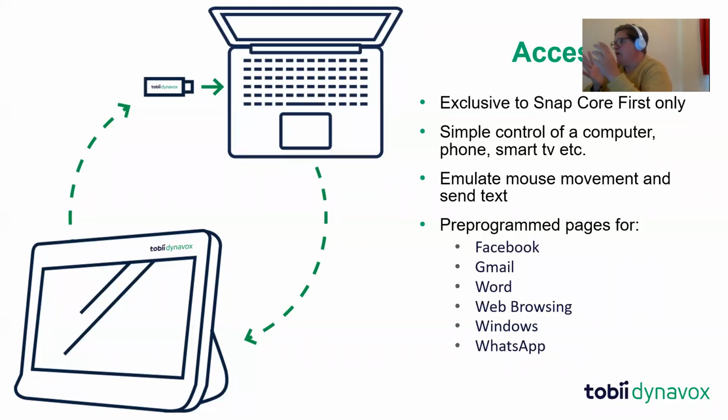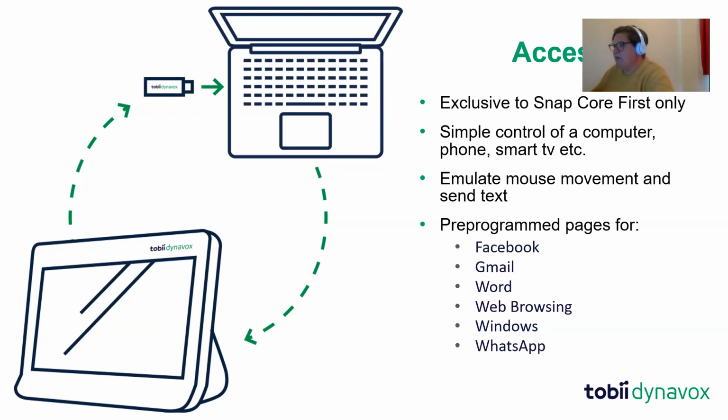A couple of different uses for it: it might give a student an opportunity to complete homework, so they might need to access a Word document or something like that. They can even surf the web with it. We've got some program pages for things like Facebook, Gmail, Word, WhatsApp, and just web browsing in general.